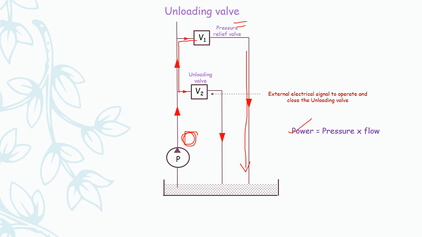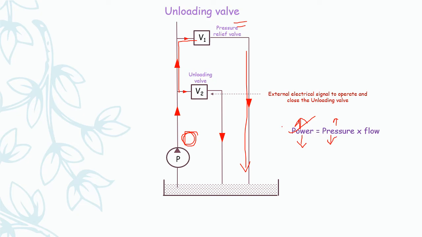As we know, power is given by pressure into flow. So from this equation, we come to know that if pressure increases, power also will increase. In order to reduce the power loss in the system in no load conditions, you have to reduce the pressure.